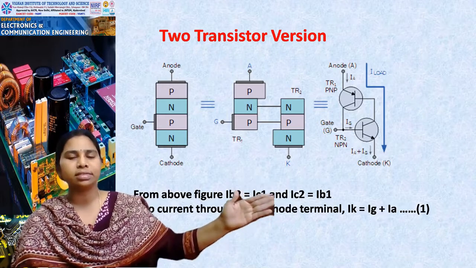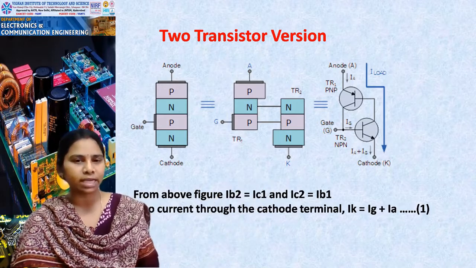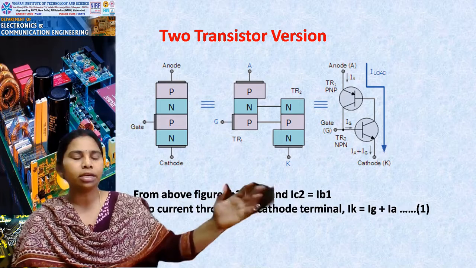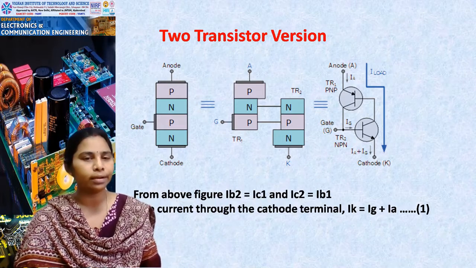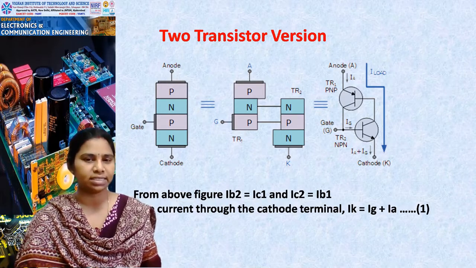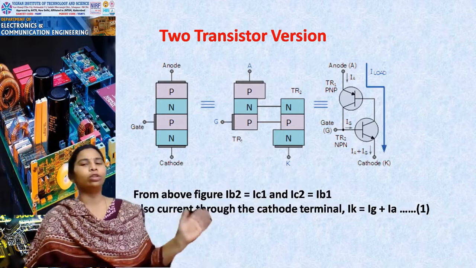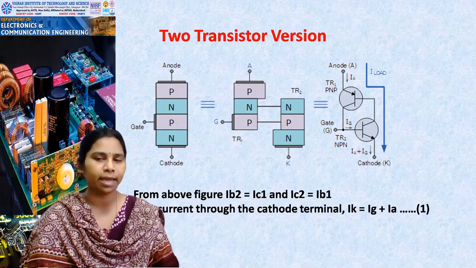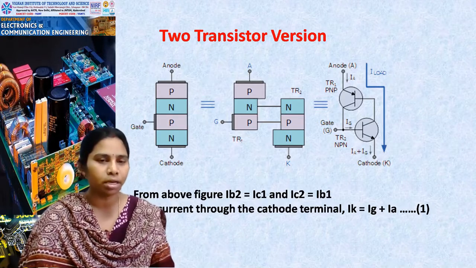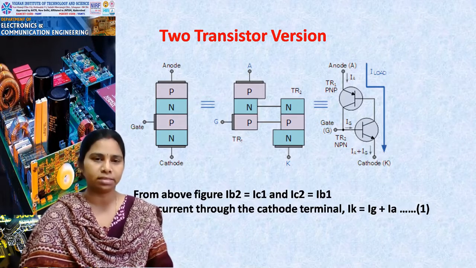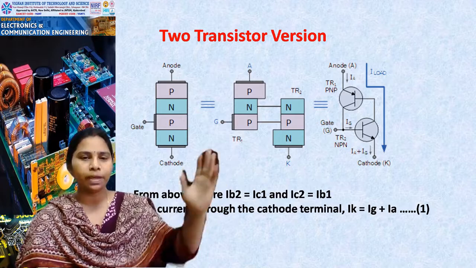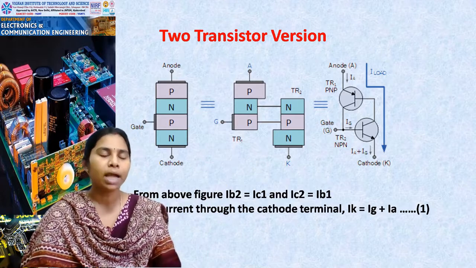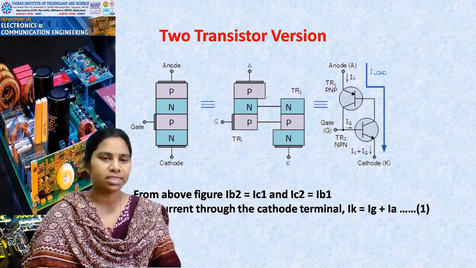The collector current of the second transistor, IC2, is connected to the base terminal, so it is equivalent to the base current of the first transistor. The current at the cathode terminal will be IK, which is Ig plus Ia. We know the general equation of a transistor, PNP or NPN: IC is equal to alpha IE plus ICO.